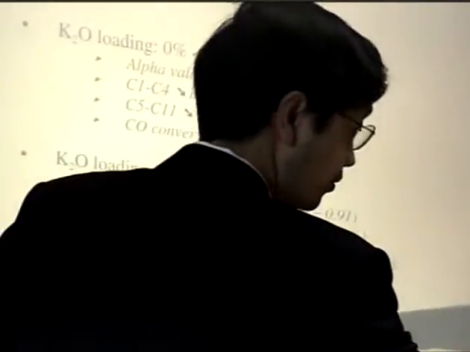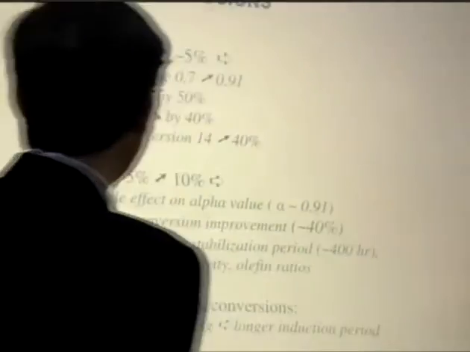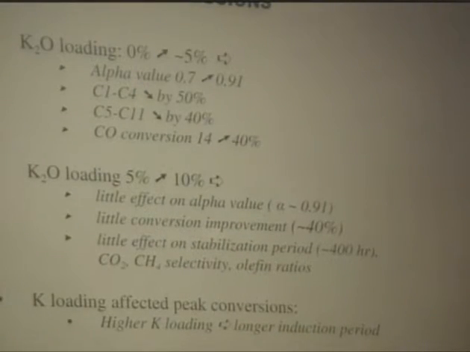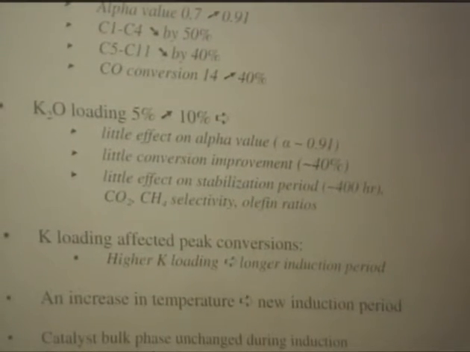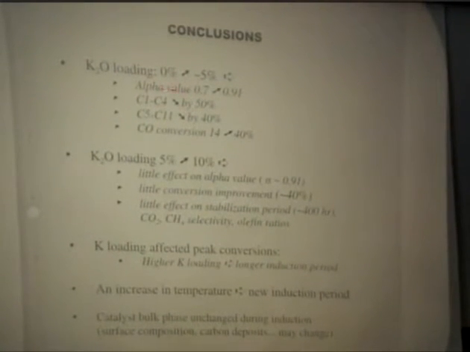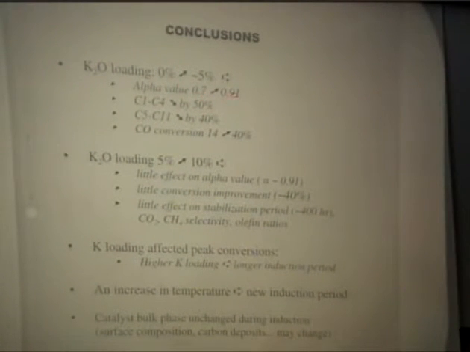Summary. We can see here, when the potassium content increased from 0 to 5%, the alpha value increased from 0.7 to 0.91 and then stabilized. Then when the potassium content increased from 5 to 10%, the alpha value did not change much.